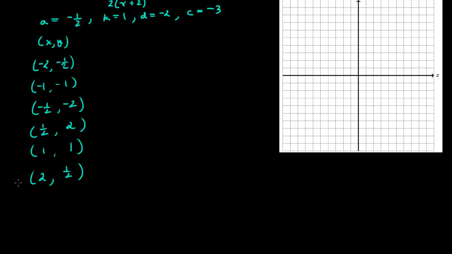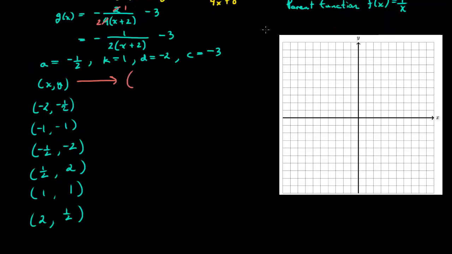And if you don't remember these, I suggest that you review the videos that I've posted on parent functions. So now we can use the mapping rule to transform all of these points. Remember that the mapping rule says that if x comma y is on the graph of f of x, then on the graph of a times f of k times x minus d plus c, the transformed coordinate will be x over k.